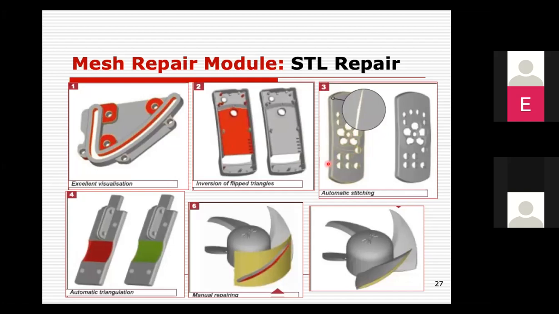The problem here is that neither your CAD system nor the 3D printing software connected with the machine has this capability. So you go with third-party software to perform these operations. You may have automatic triangulation, or manual repair, or several options here to repair or modify your STL files.